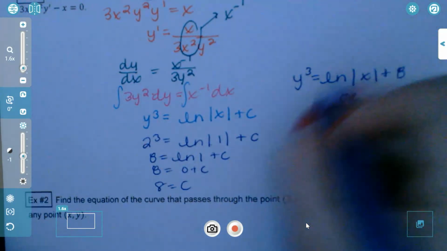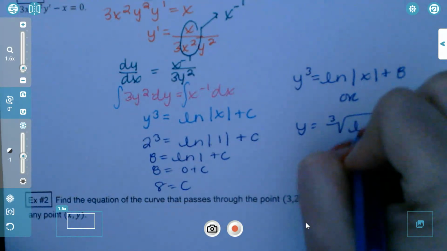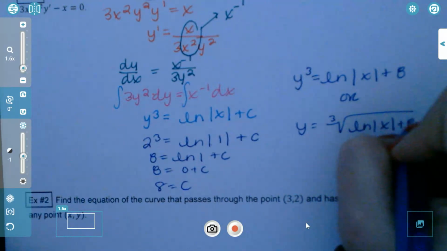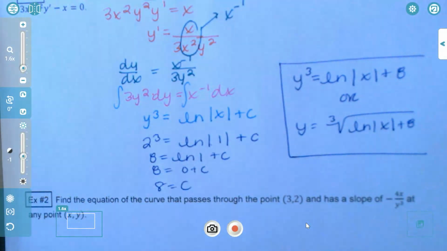Or if you wanted to get y all by itself, it would just be y equals the cube root of the ln of the absolute value of x plus 8. Both are acceptable, just a matter of choice on that. All right, moving on to problem number 2.